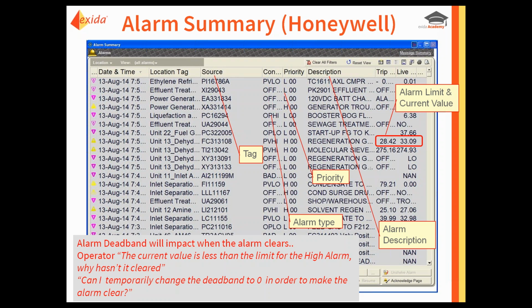So this set of operators would go in, temporarily set the deadband to 0, which would cause the alarm to clear, and then they would set the deadband back to its original value. Now, probably they would have done better if they had just looked at modifying what those default deadbands were, maybe by looking at the signal noise and setting it in relation to that.